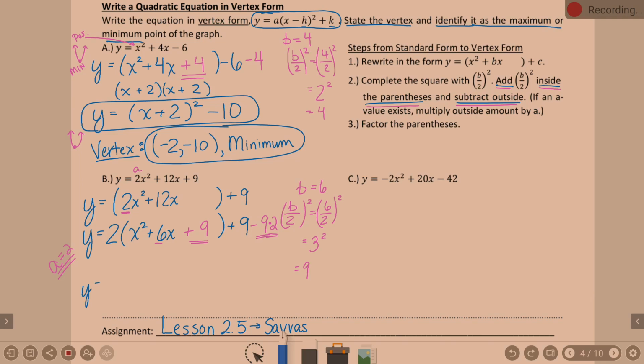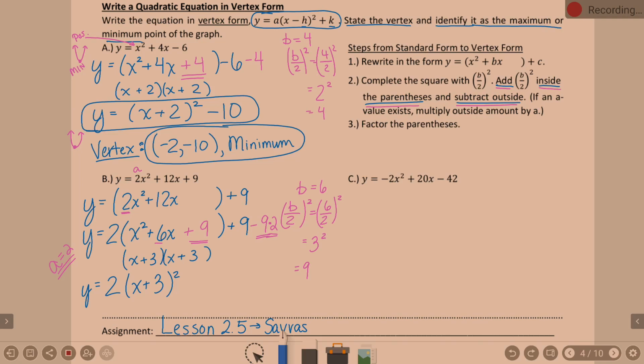What do my parentheses factor into? 3 and 3, yes? So that's x plus 3, x plus 3. So I'm going to write this as I have a 2 out front, x plus 3, quantity squared, because 3 times 3 is 9, 3 plus 3 is 6.